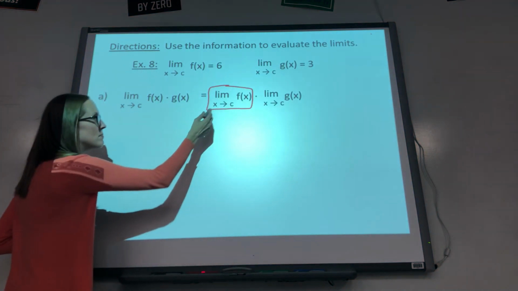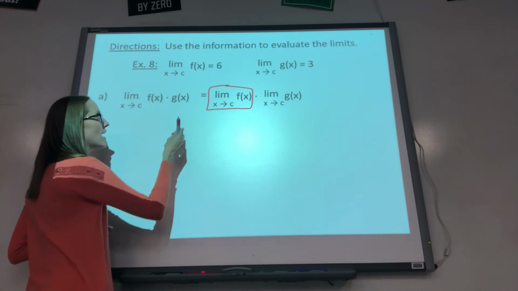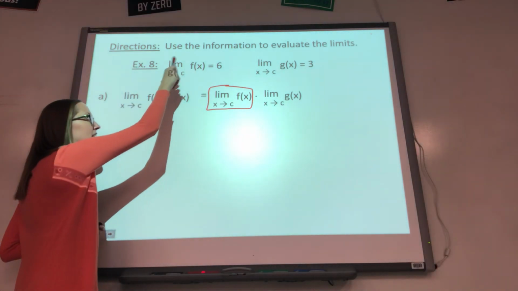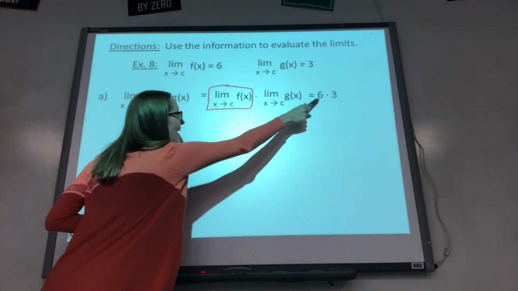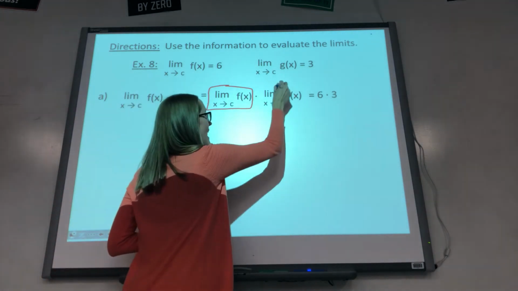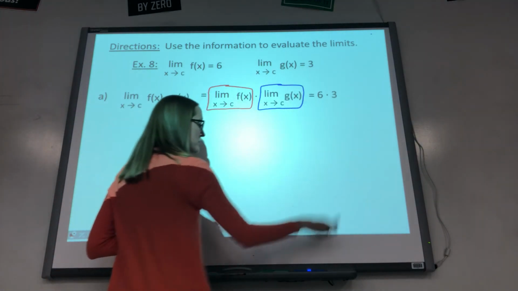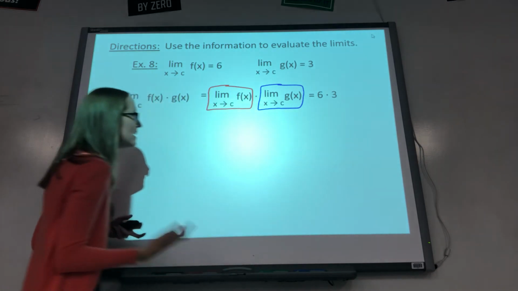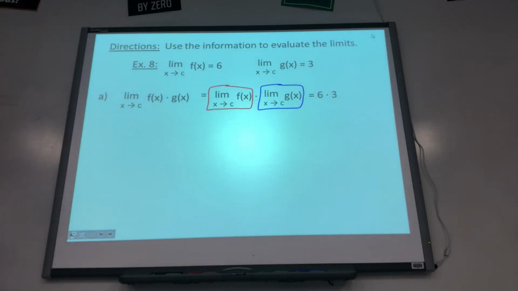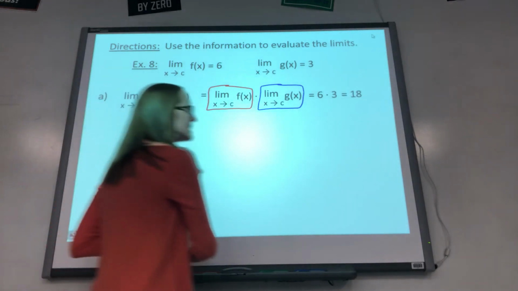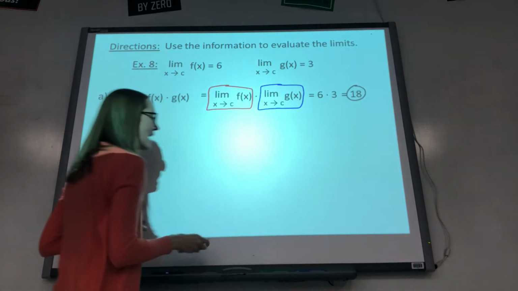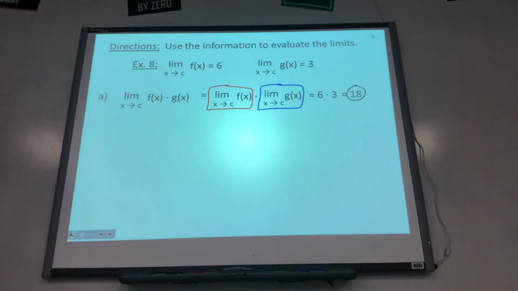What was the limit as x approached c of f of x? 6. And then the limit as x approached c of g of x was 3. So all we have to really do here is take 6 times 3, and that's 18. Again, once you see how they work, they're pretty simple, and you're probably not going to show much work. But I do want to make sure you know how those properties are working.